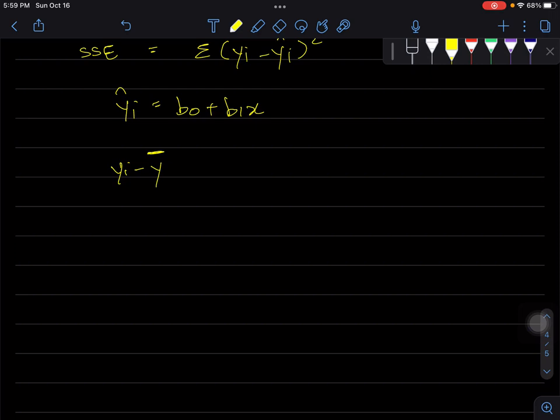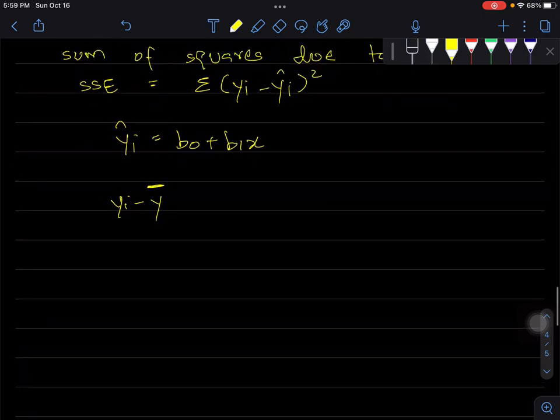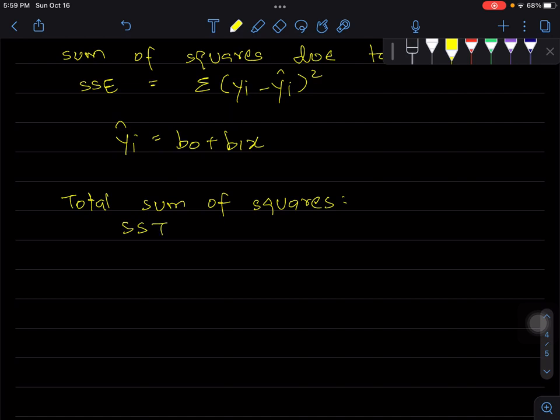That is called the total sum of squares, also called SST, and that is the difference of yi from y bar. And what does SST tell us? It provides a measure of the error involved in using y bar to estimate sales instead of yi hat.